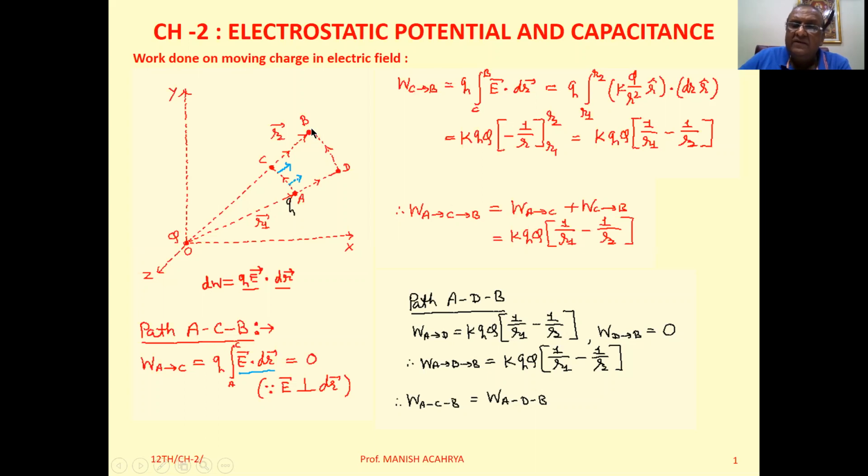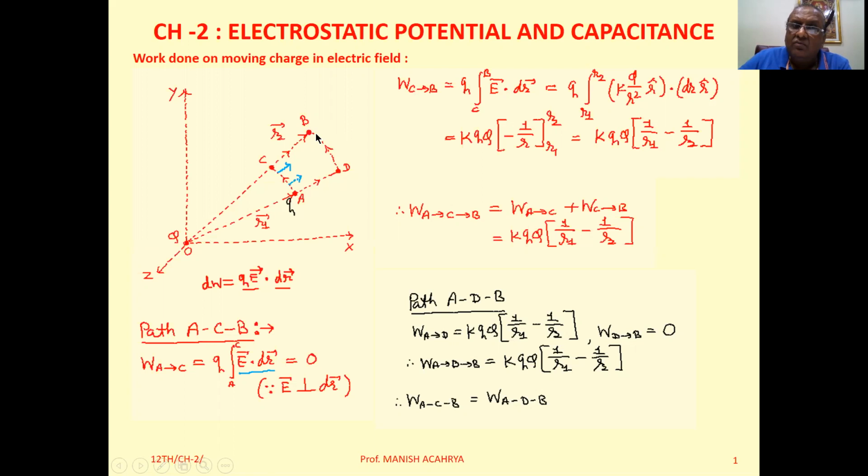Now D to B. Earlier we calculated A to C, that is the curved path. It is an arc with radius r1. Similarly, D to B is an arc with radius r2.